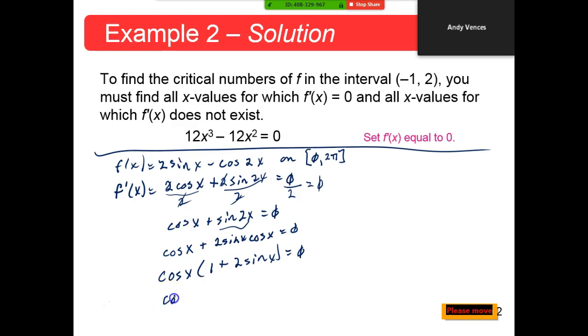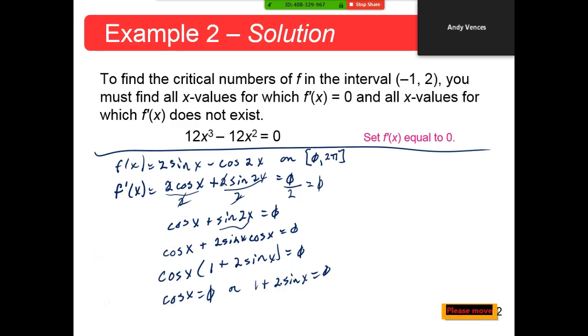Yes, either cosine x is equal to 0. That's why we didn't want to throw it away, Andy, okay? Or 1 plus 2 sine x is equal to 0. Perfect. Okay, let me clean up my 2 there a little bit.